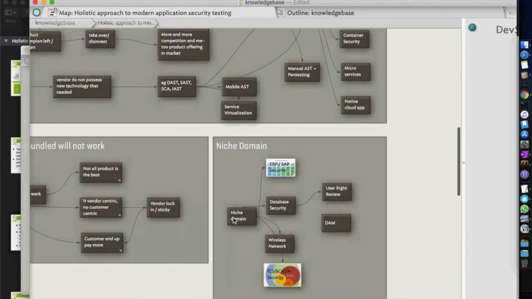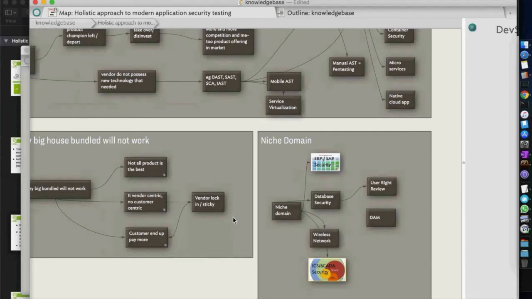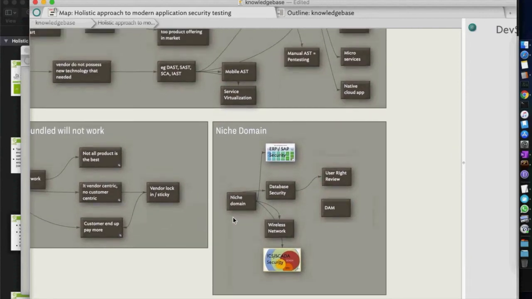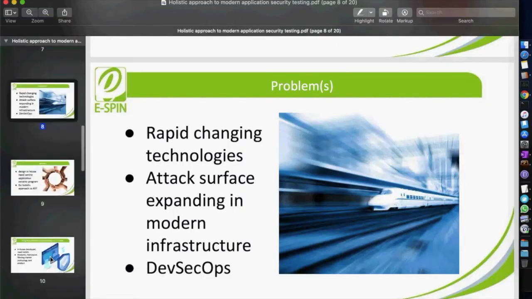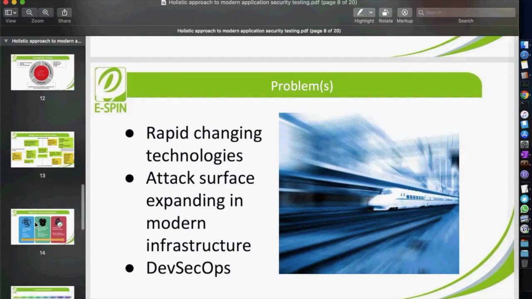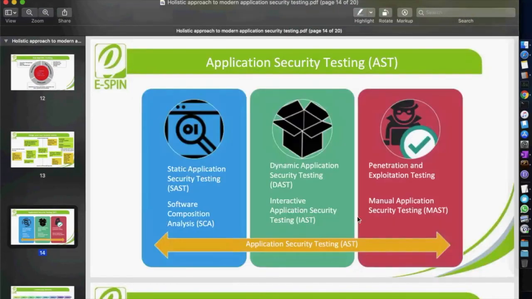Another reason the big bundle will not work is that in the market, besides the generic technology we are talking about, we are referring to a few types. For example, these are the three common ones.